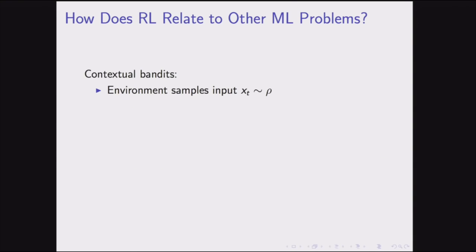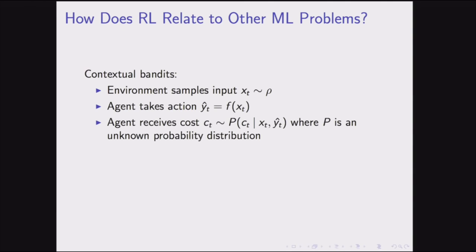So contextual bandits make this problem a little harder in that they give the learning agent a little bit less information. Now the environment samples an input, but notice that there's not a correct output associated with it. Then the agent takes an action, and the agent receives some cost, C, which is sampled from some probability distribution.